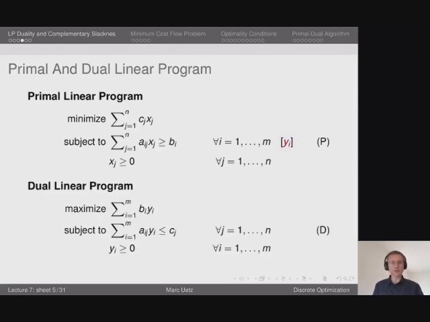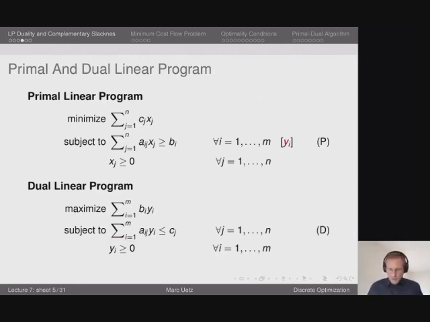Then this exactly corresponds to the dual linear programming problem. I'm maximizing the linear objective function b times y, that's the lower bound that I compute, subject to the constraints. These were the linear constraints y times A smaller or equal than c. That makes sure that what I compute actually gives me a lower bound on the optimum objective function value. And in order for that to be true, these y values should also be non-negative.